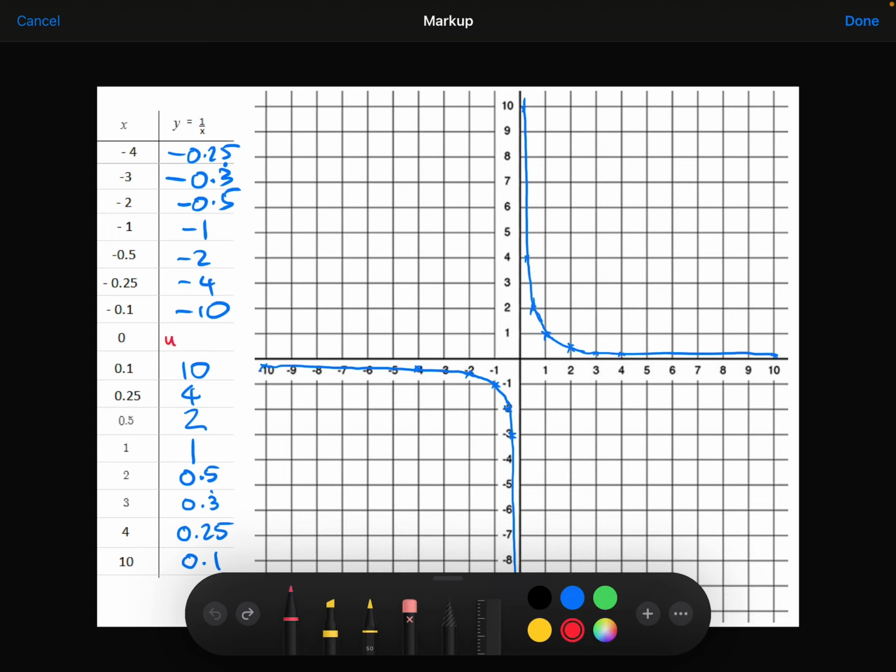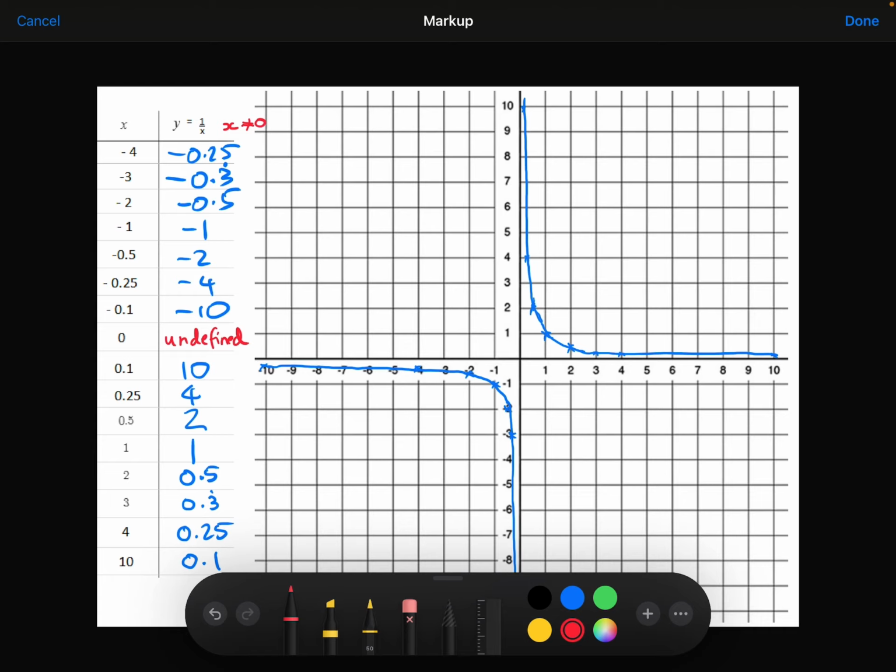It doesn't make any sense to share 1 into 0 parts. So we cannot do 1 divided by 0. This function is undefined when x is equal to 0. So quite often what you'll see is it will say next to the function that x cannot equal 0.